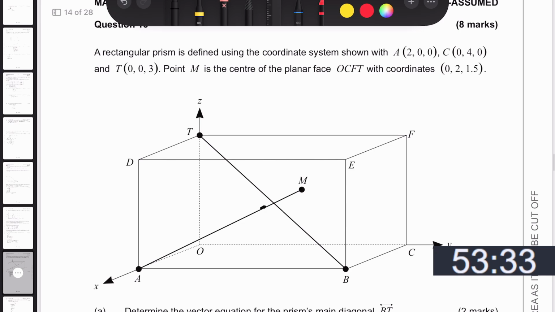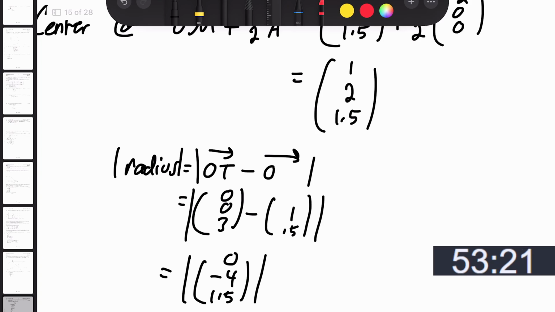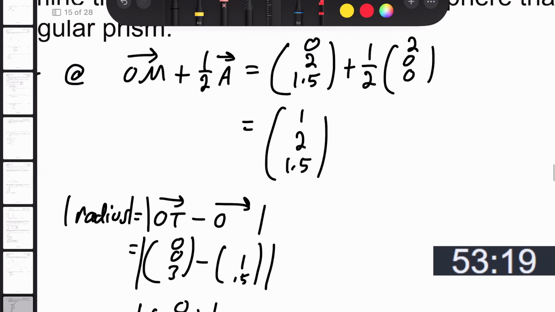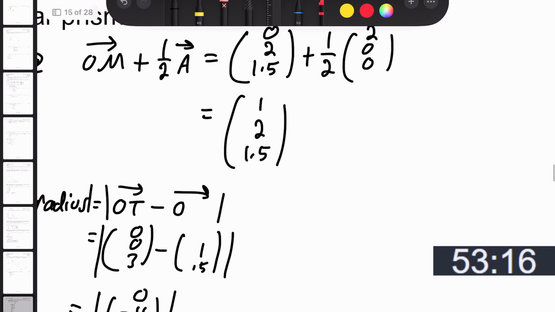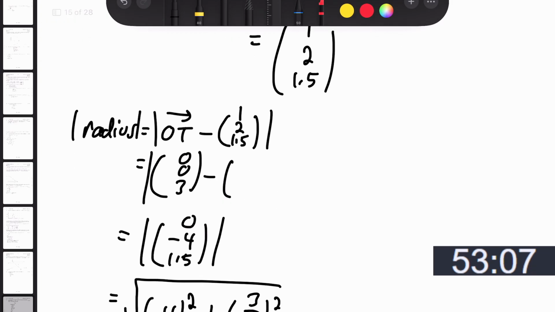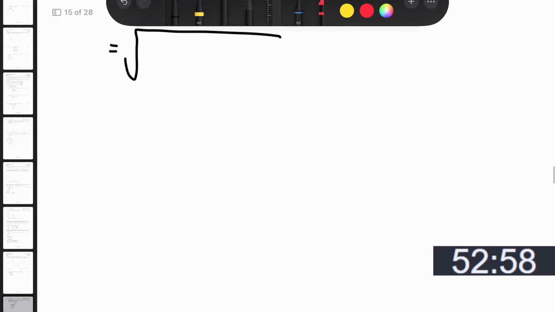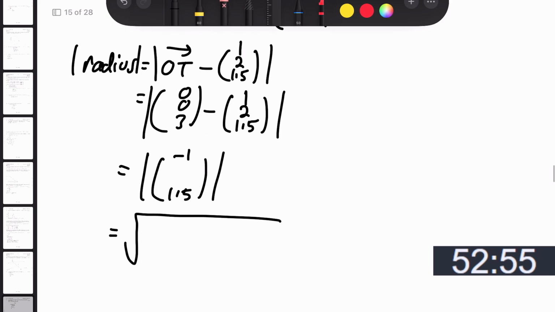So to get to the center, we go from here to O, and then up to T. Okay, T minus the center, which is 1, 2, 1.5. So then this is all 1, 2, 1.5. Okay, so -1, -2. I'm just going to do this in a calculator.